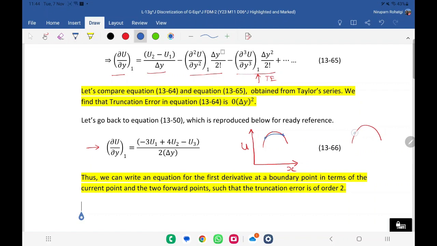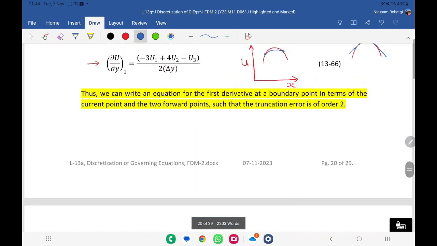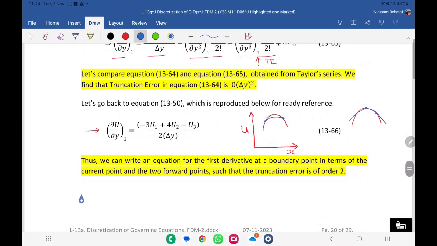These are the 3 points, and using these 3 points, the curve I may be drawing will go like this. This is what is introducing the error. So is it clear now?